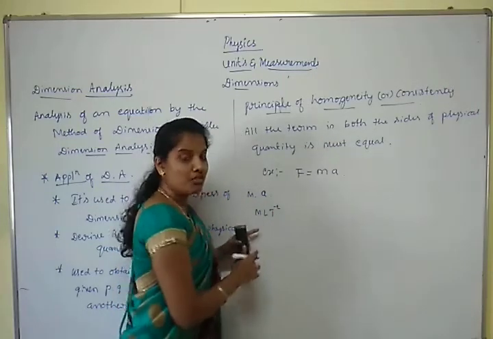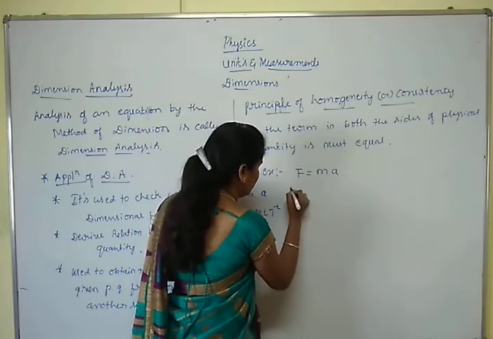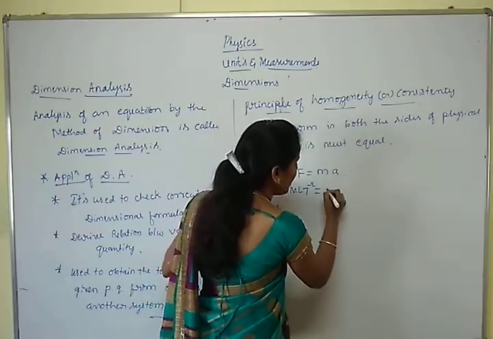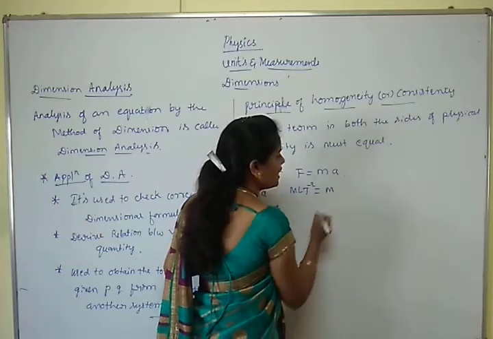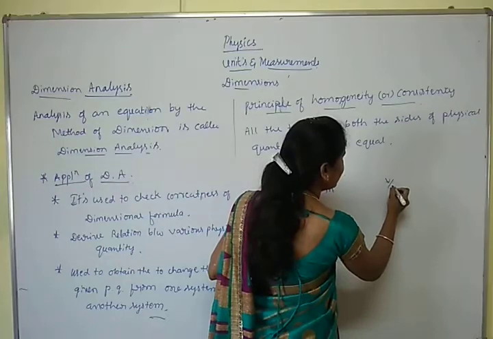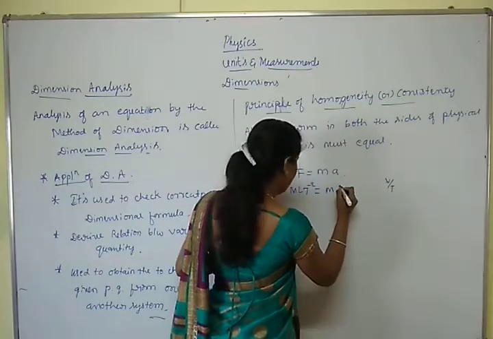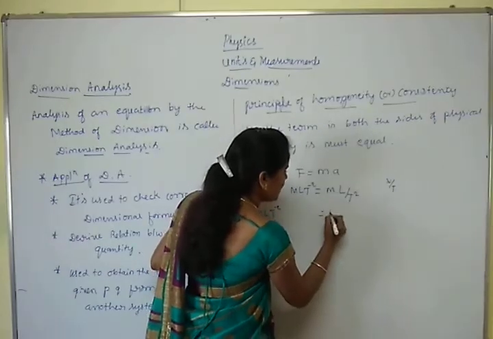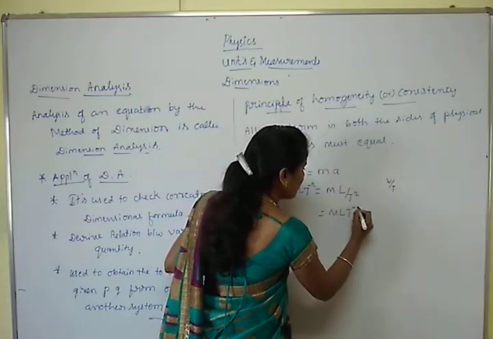This is the dimensional formula of force. On the other side, mass is there, and acceleration means velocity divided by time taken, so L T^-2. So that is M L T^-2.